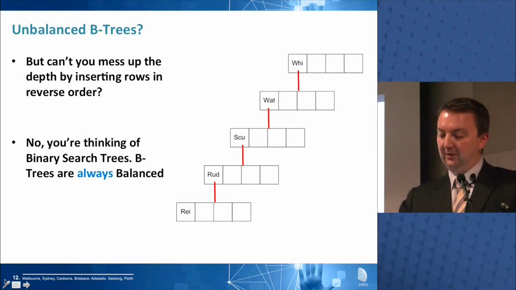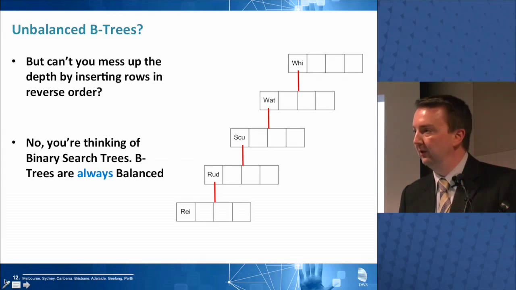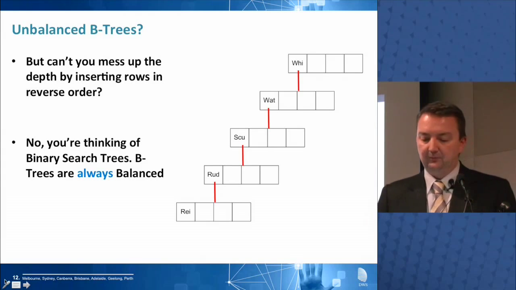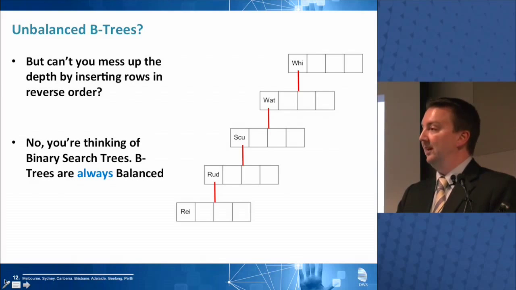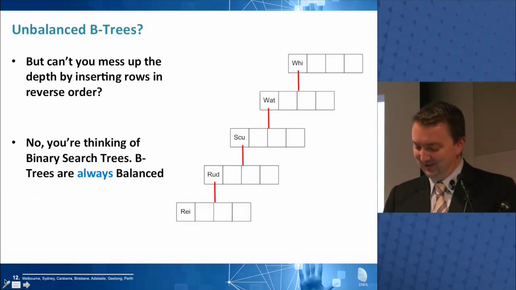So then Zaharakis would be at level 1, and we'd have other things at level 5. Okay, and it's unbalanced. Not every leaf is at the same level. So a B tree is always balanced, and this is how they balance, and this is how you create new levels in your B tree.